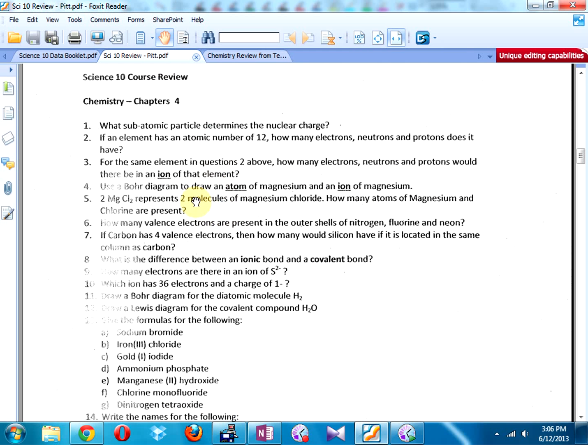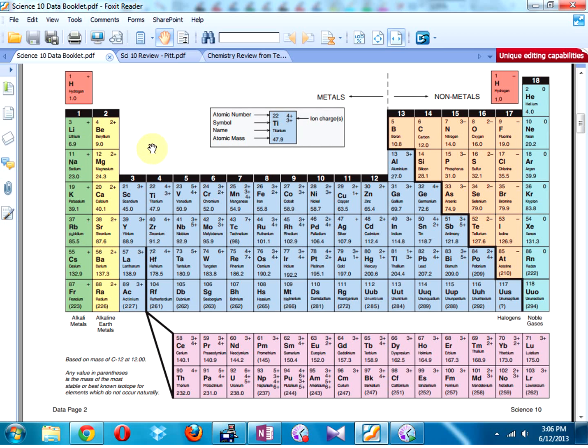Okay, what if, for the same element, how many electrons, neutrons, and protons would an ion have? So what we said was, the row that you're in tells you how many electrons an ion will gain or lose. Okay? Everything in this row is very unstable because they have one more electron than they want.